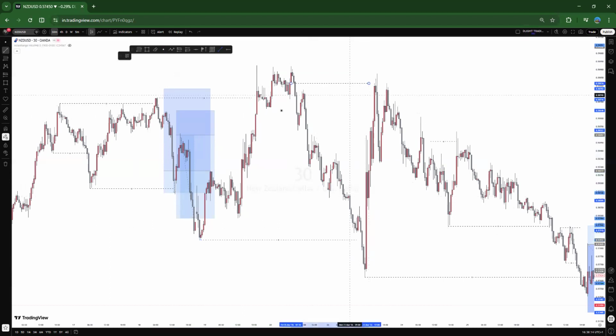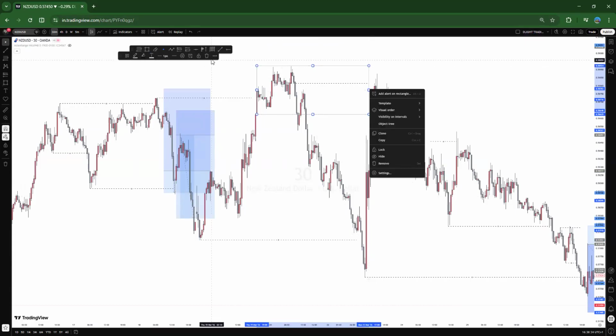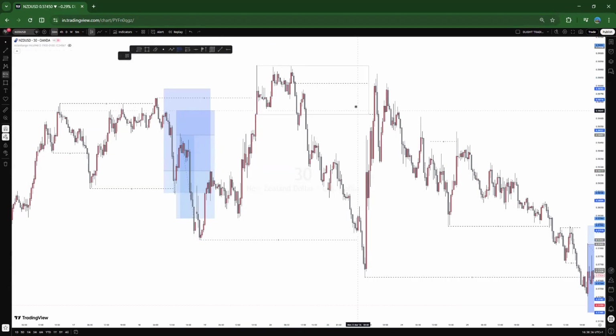My entry would be right around here. Why? Because this is the whole candle, this is the whole range. Everything here is just a candlestick. Can I hold the stop loss? Let's see. 28.